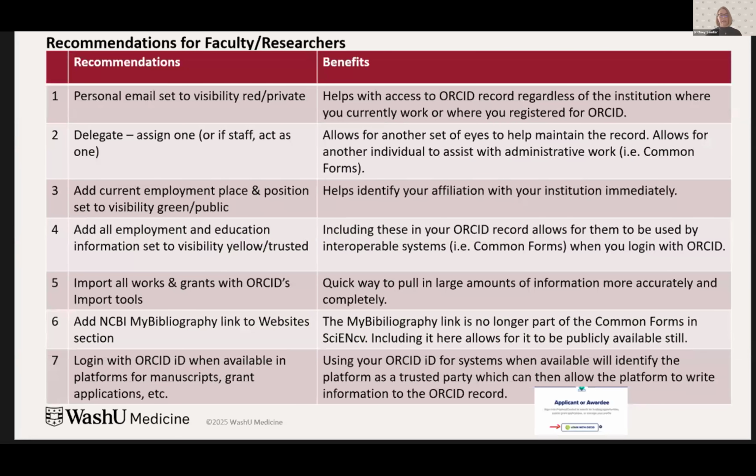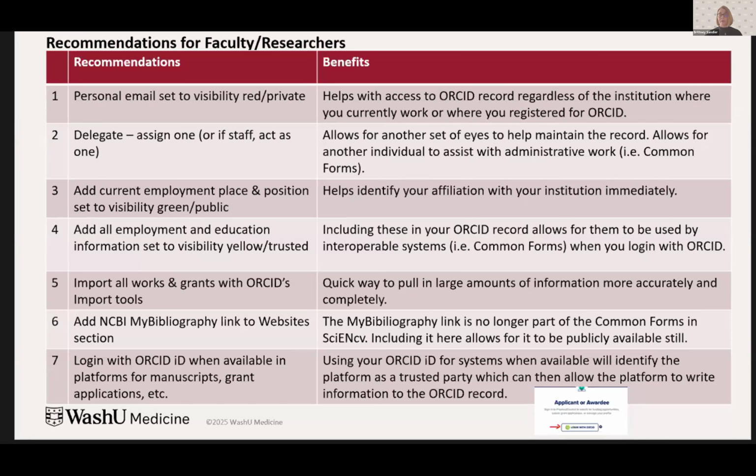And that leads me to what is probably our top 7 recommendations for faculty. And that is based off of, I hate to say it, issues or concerns or things that have come up that we keep saying all the time. So number 1, what most people may not think about, is to have a personal email set in their ORCID record and set it to private.